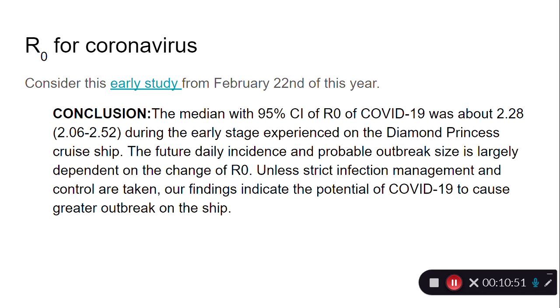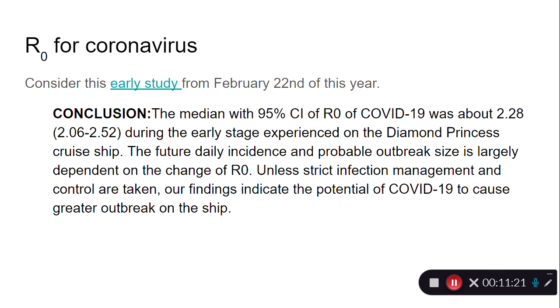In this case, they were looking at the outbreak on the Diamond Princess cruise ship, and so that's a sample from society. It's not a perfect sample, but the hope is that if you were to take another sample of that size from anywhere in the world, you would 95 times out of 100 end up with the same median R naught value. And there's a range, 2.06 to 2.52. So there's some ambiguity.